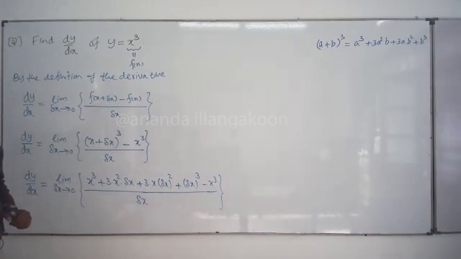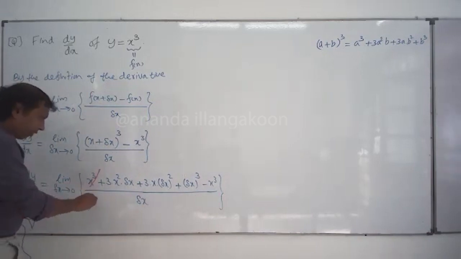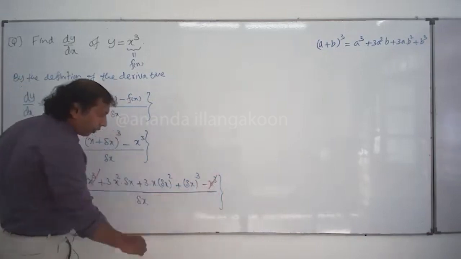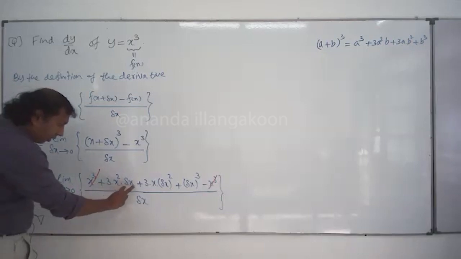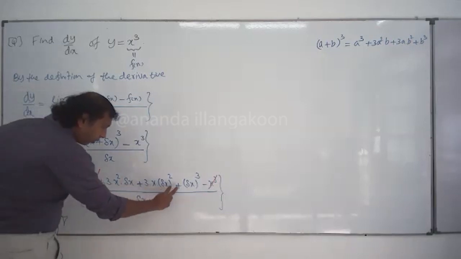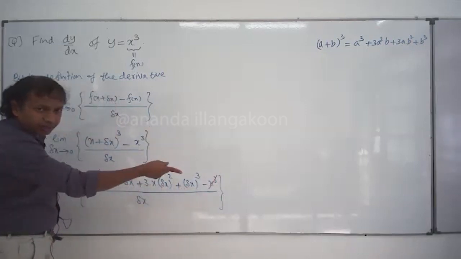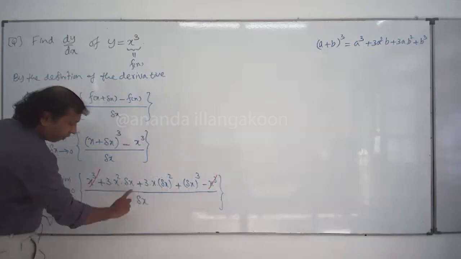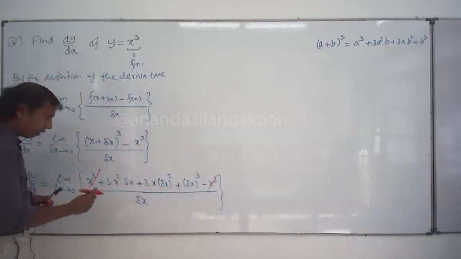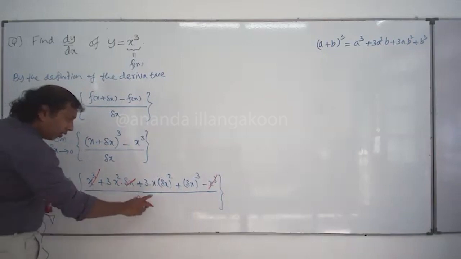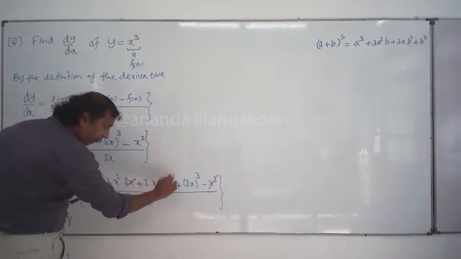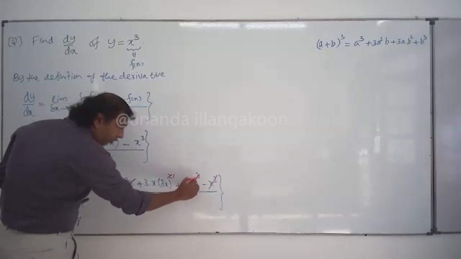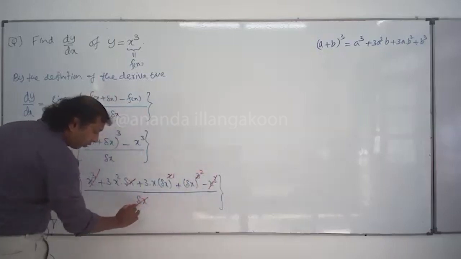Now we can do simplification like this. This x cube you can cancel with this x cube. After cancelling x cube, you can see delta x is common to the numerator. You can take delta x out, and cancel it with the delta x in the denominator. Then this delta x will vanish from here. This delta x squared will be delta x to power 1, this delta x cube will be delta x squared, and this delta x will vanish.